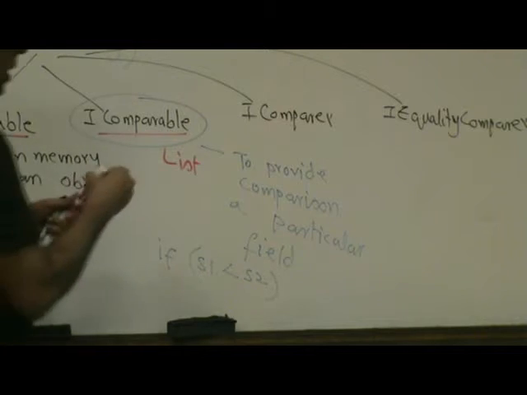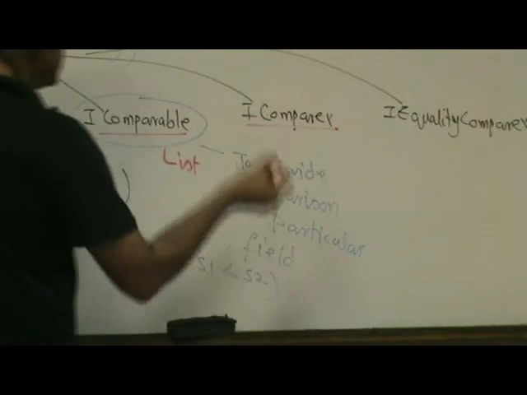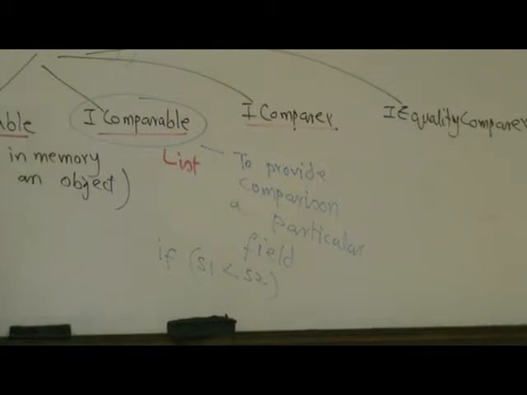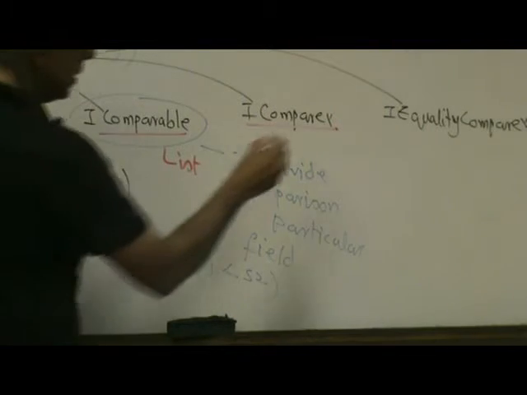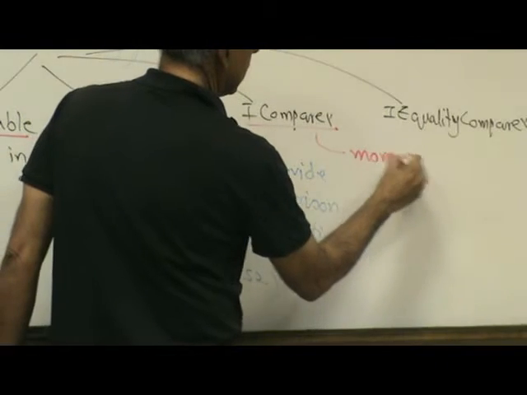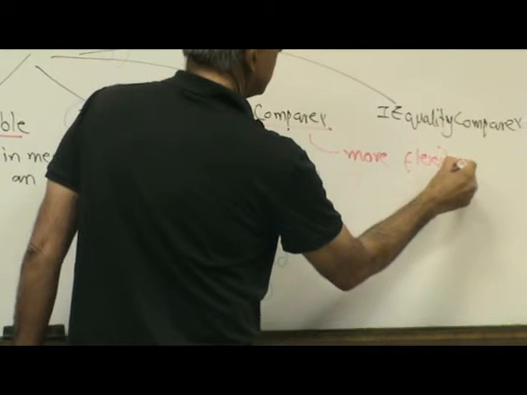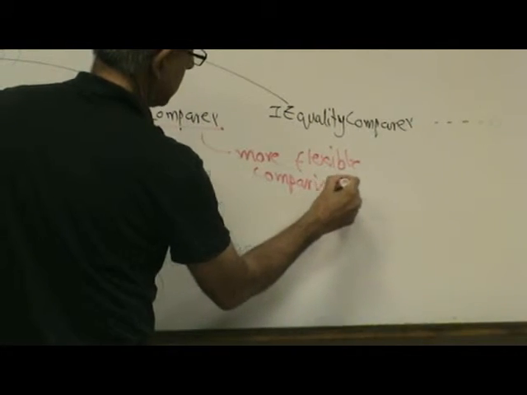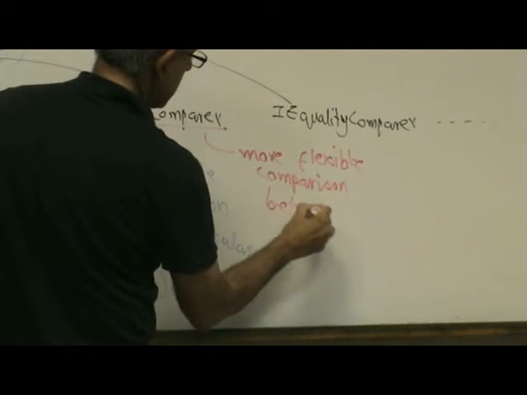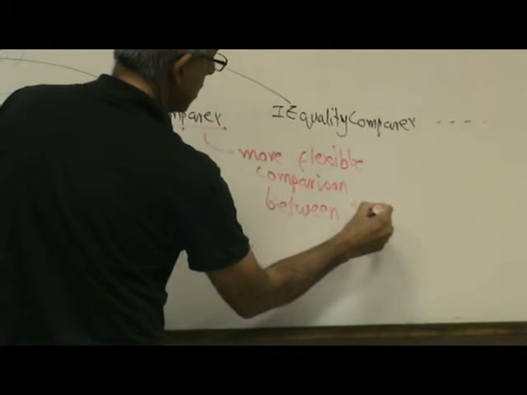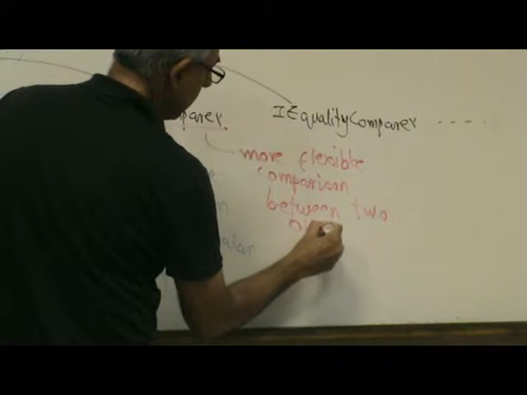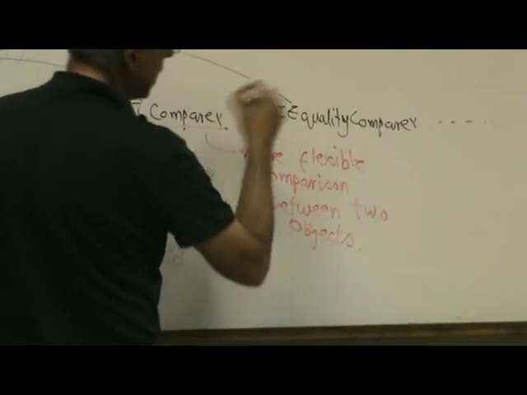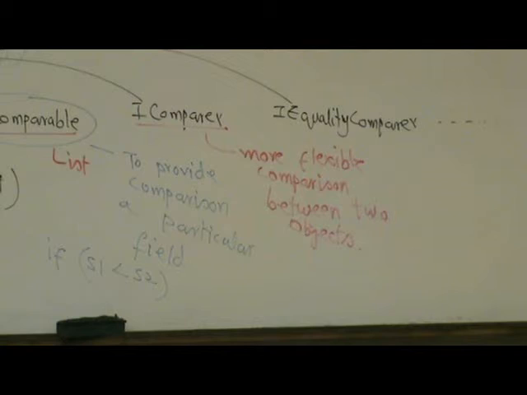Very briefly, IComparer is like a more flexible form of comparison between two objects. So that if we are trying to sort dynamically, we can change the field.